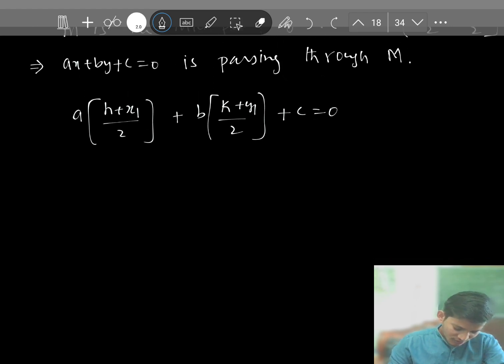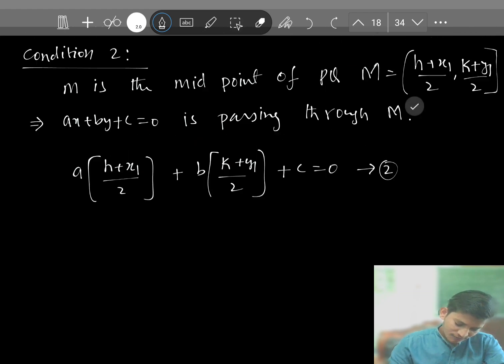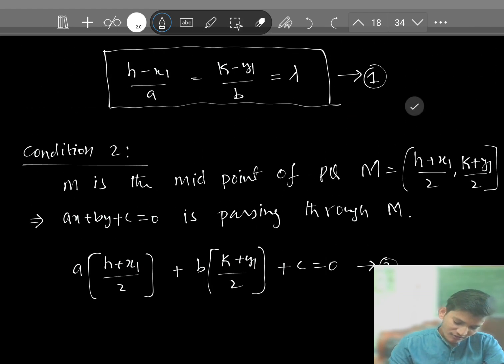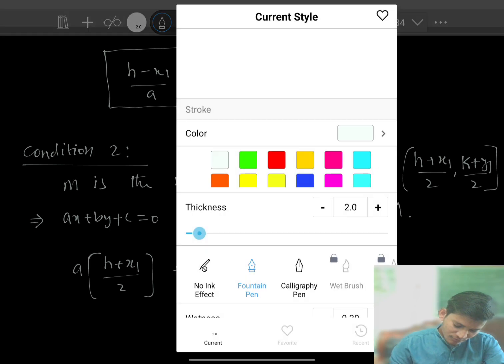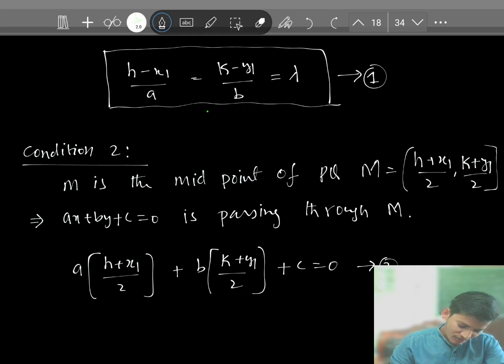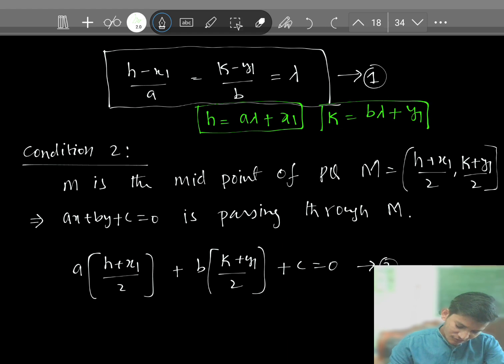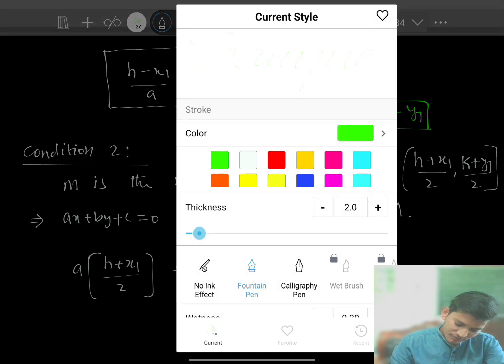First we will define the values of h, k. From equation number 1, I can take the h value as a lambda plus x1 and the k value as b lambda plus y1.